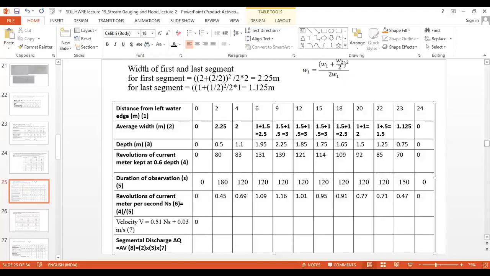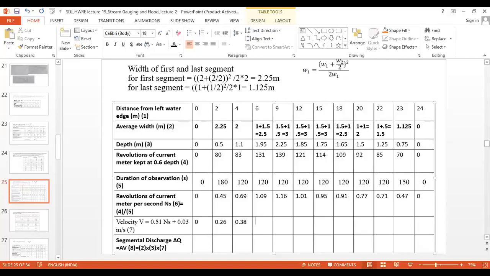Second velocity is 0.51 into 0.45 plus 0.03, that is 0.26, because 0.259 is there, so 0.26 we will consider. Next, 0.51 into 0.69 plus 0.03, that is 0.38.